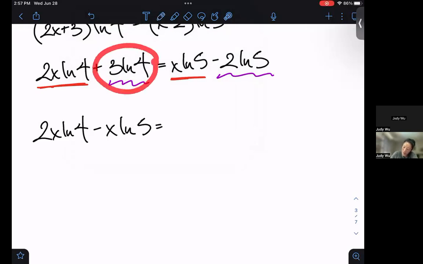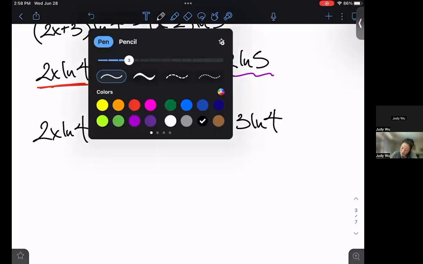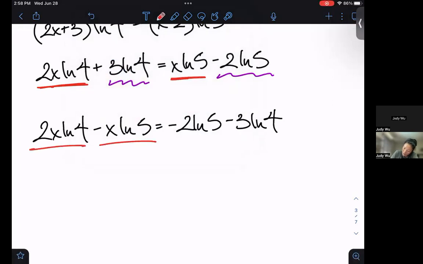And then I'm going to take this purple term and subtract it to the other side. So I'll get negative 2 natural log 5 minus 3 natural log 4. And so I have my red terms on one side and my purple terms on the other side.